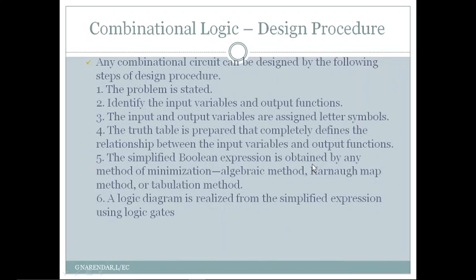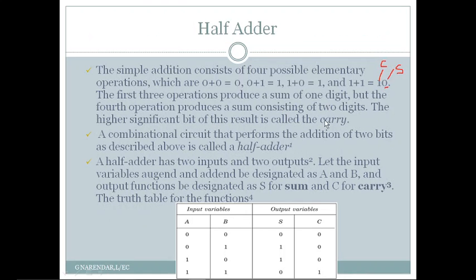So the third step is that the input and output variables are assigned letter symbols. We already said in step 2 that the half adder has two inputs and two outputs. So now we give letter symbols to those two inputs and two outputs.